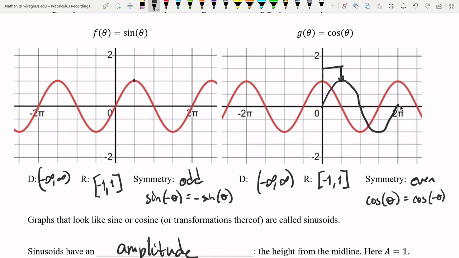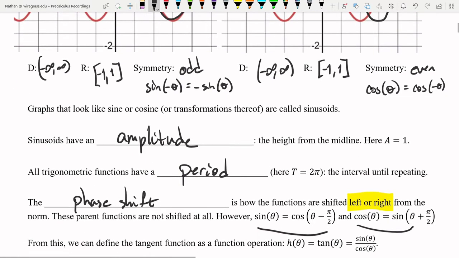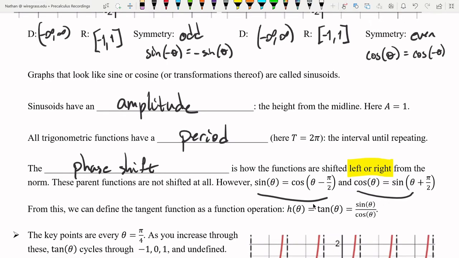But this behavior is right here. So cosine is the same thing as sine, but phase shifted forward by pi over 2. So really, sine and cosine aren't different wave functions. They're really the same thing. They're just phase shifted off of each other.